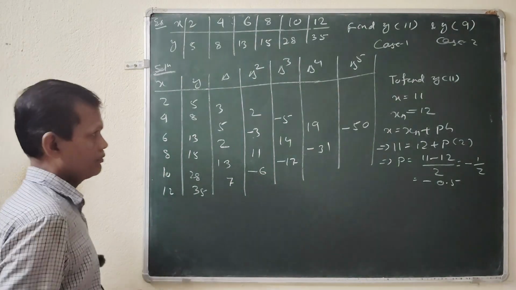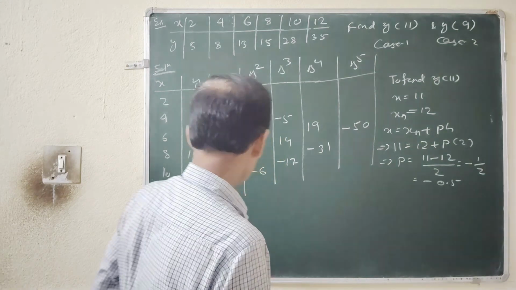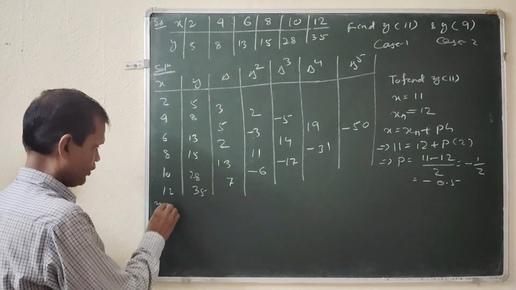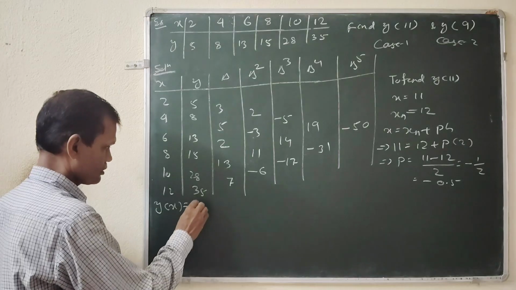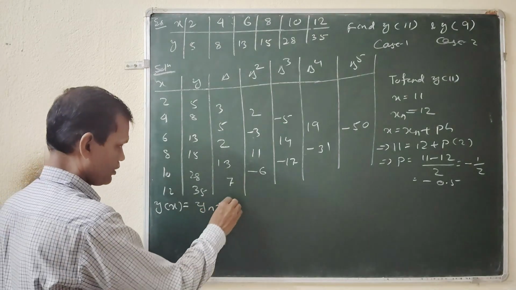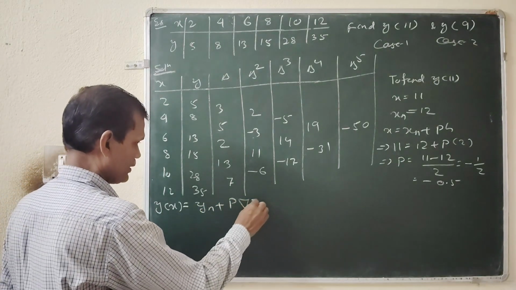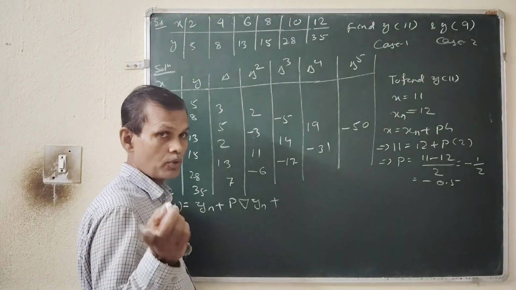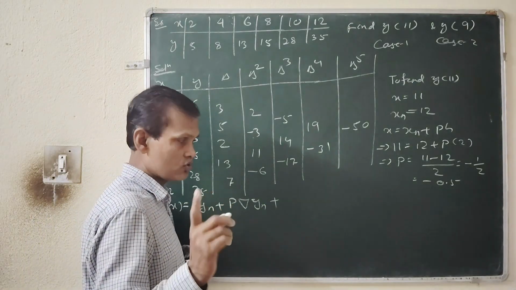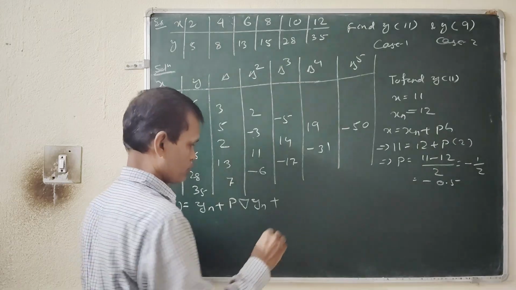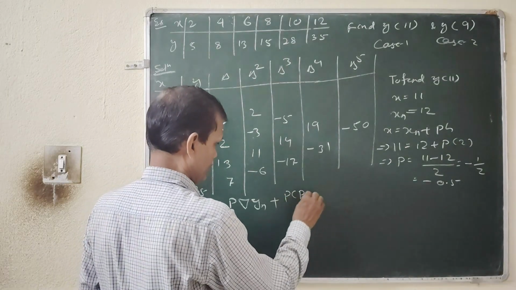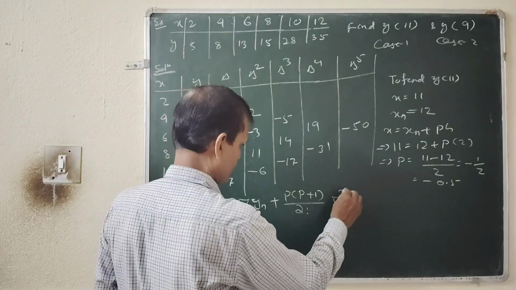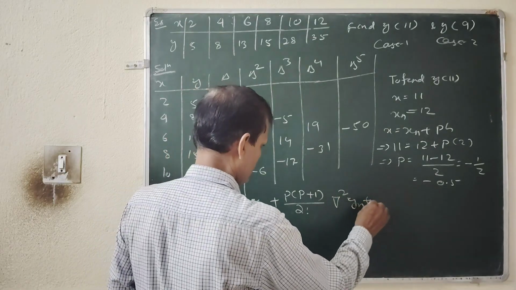Y of x is yn plus p backward delta yn plus, in Newton's forward we write p into p minus 1. Here you will write p into p plus 1, that is p into p plus 1 by 2 factorial backward delta square yn and so on.